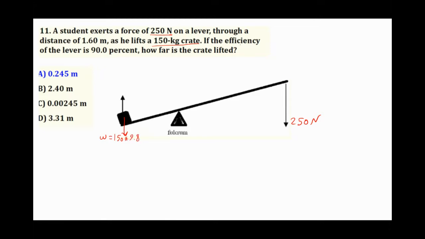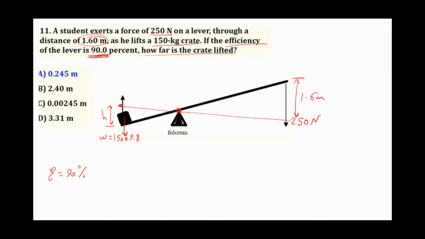The efficiency is 90%. How far is the crate lifted? So when he lifts it, he will lift it a certain distance h. But this guy, he did a distance of 1.6 meter.